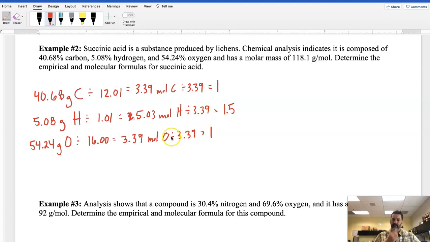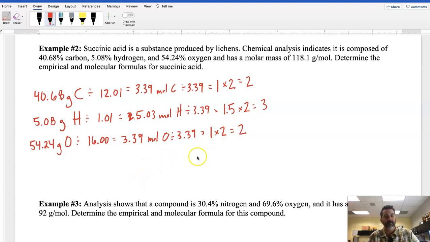1.5. Okay? So step 3 on the empirical formula was, if necessary, multiply by some number to get whole numbers if you still don't have whole numbers. So because this is a 1.5, that's not a whole number, I'm going to multiply everything by 2, and that is going to give me my lowest whole number ratio.